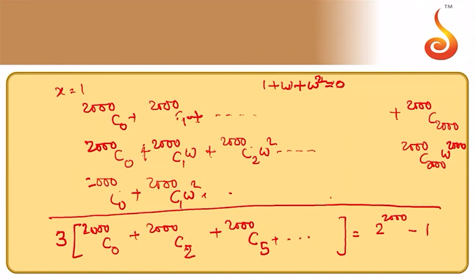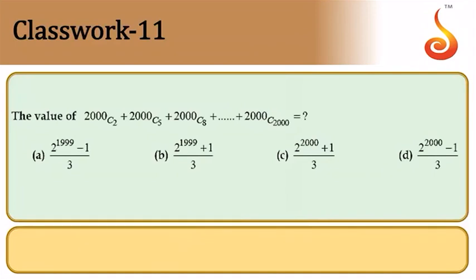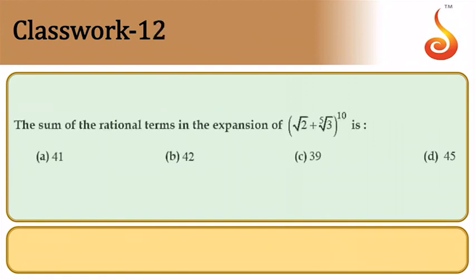Next, when we put 1 plus omega, which will give you omega to the power 2000, that will give you finally minus 1 when you add it up. So final value, if you divide by 3, will be 2 to the power 2000 minus 1 by 3. So option D is correct.